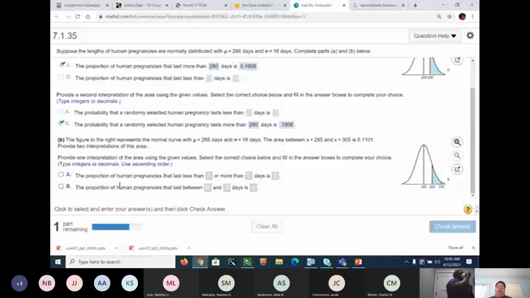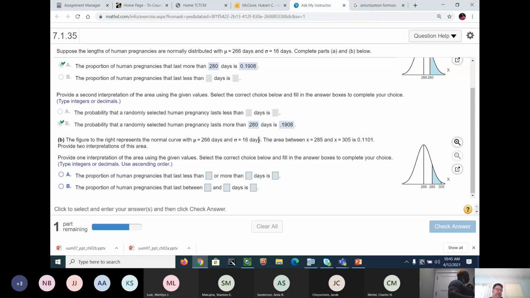Okay, let's do the second one. The area between 285 and 305.